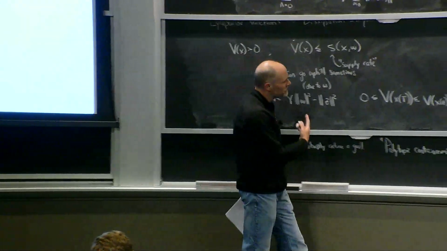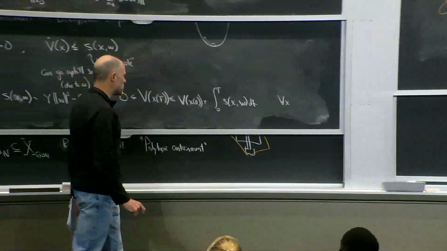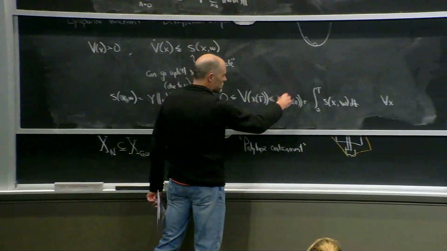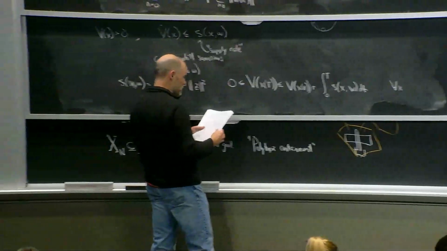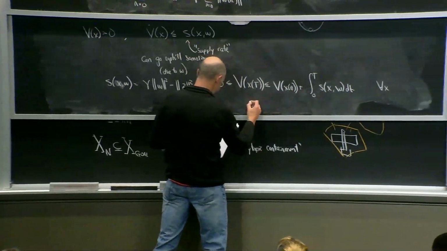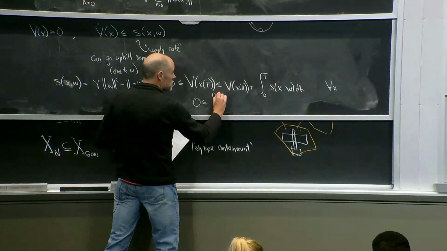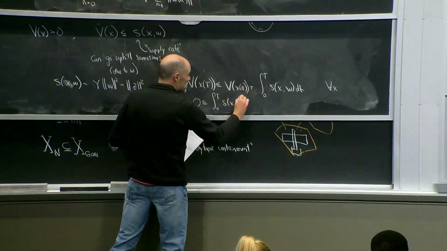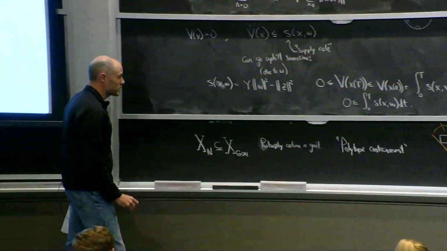If my Lyapunov conditions were satisfied for all x, then certainly they're satisfied for x equals 0. I can just zap this. Okay, and basically this says that the integral of that has to be greater than 0, sorry.